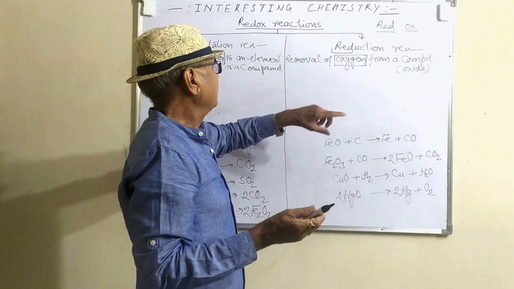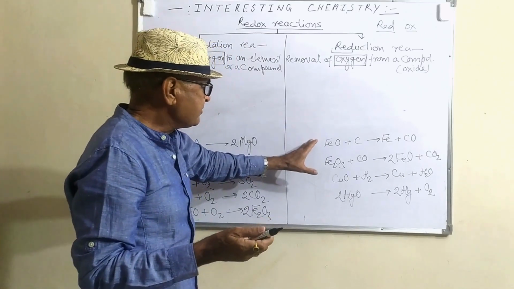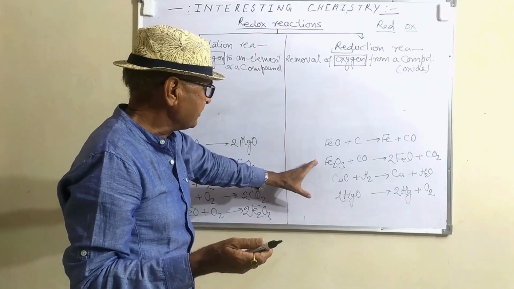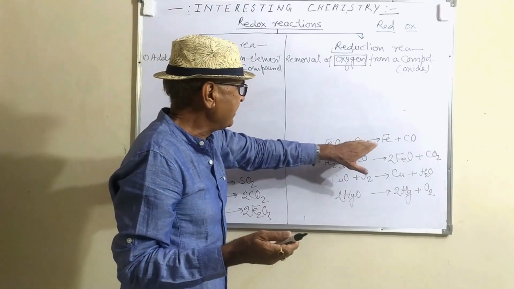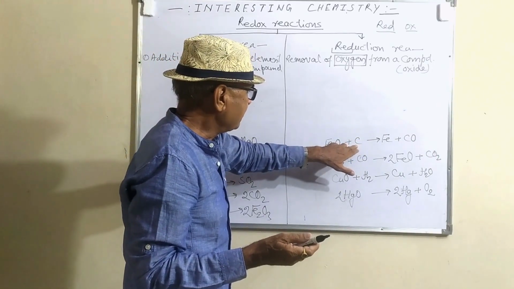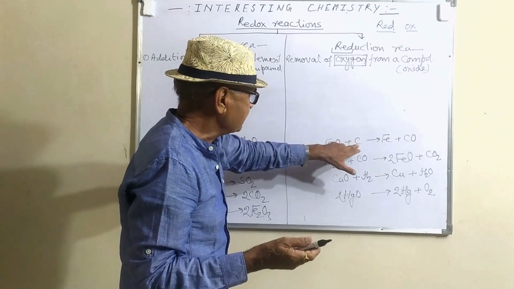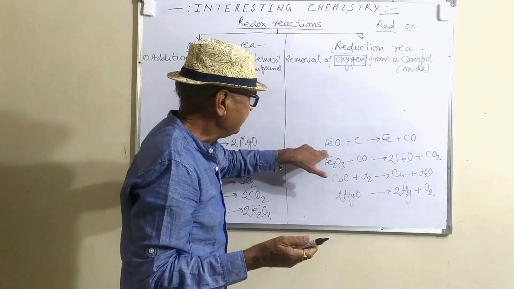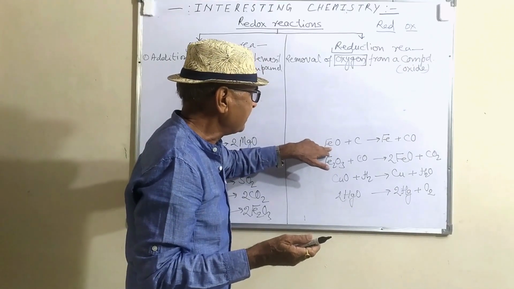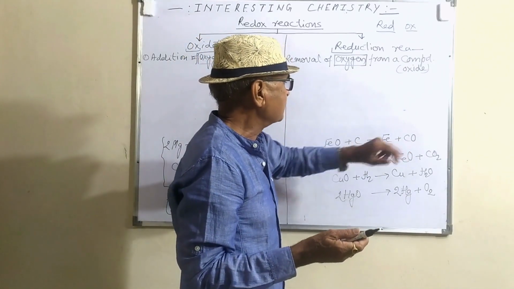Second, reduction. So here I have written some equations of the reduction reactions. Here FeO, when this C combines with oxygen, or this oxygen is removed from the Fe of ferrous oxide, so the carbon monoxide forms.